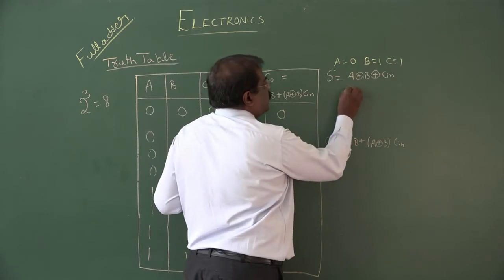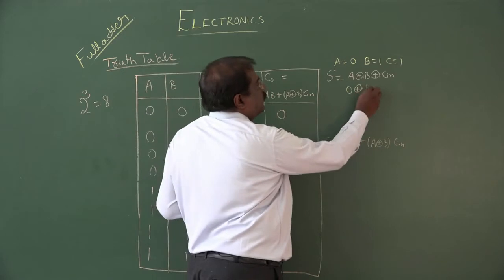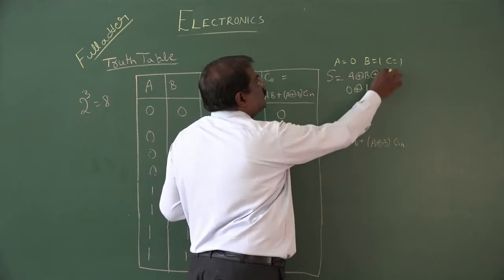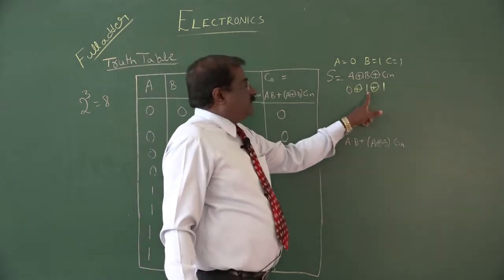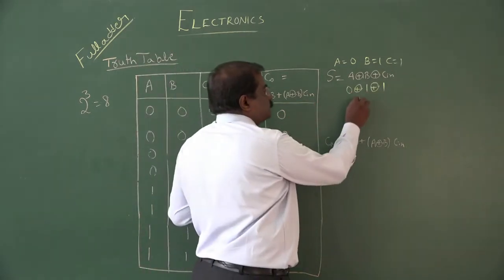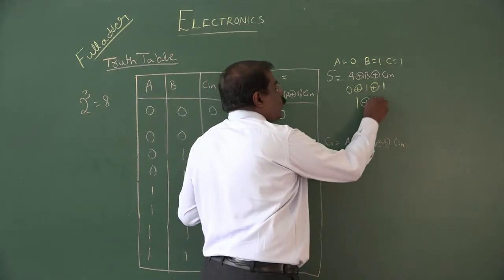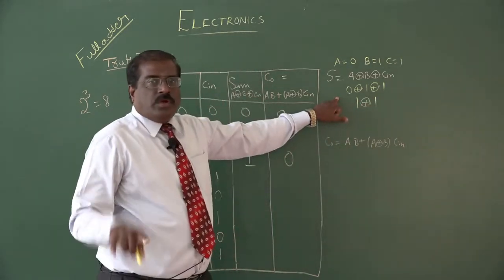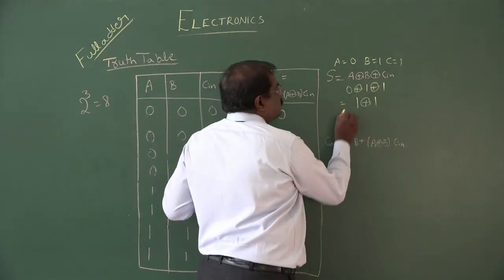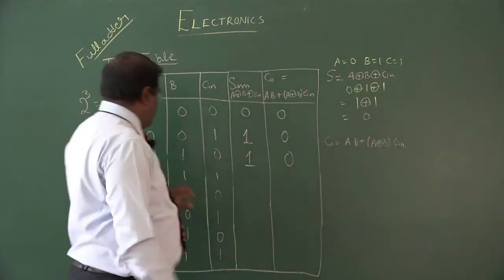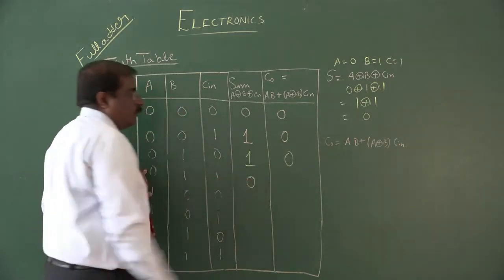A is 0 XOR B is 1 XOR C in is 1, okay. So 0 XOR 1 is 1, okay, and 1 XOR 1. Similar input, as we discussed in the XOR function, the value will be 0. So here 0, 1, 1, sum will be 0.